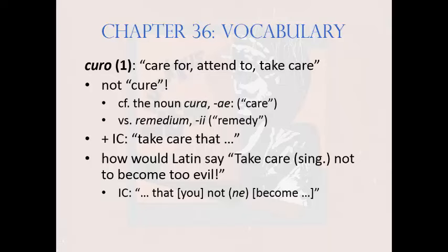And how do you add the sense too to an adjective in Latin? Make it comparative. The comparative of what word here? Malus. What's the comparative of malus? Peior. So, the answer is cura ne peior fias. Listen, Latin's trying to tell you something.